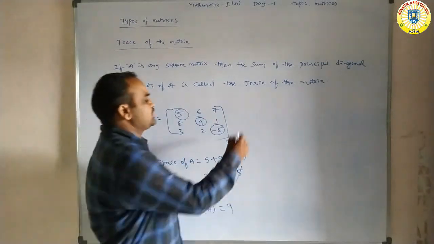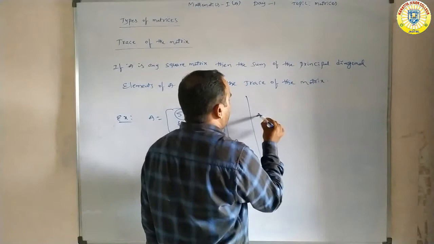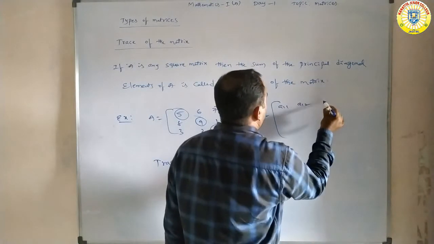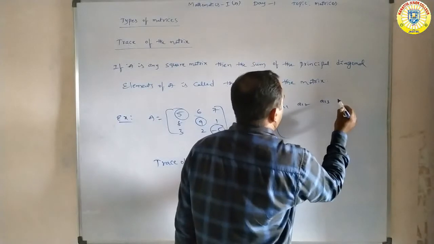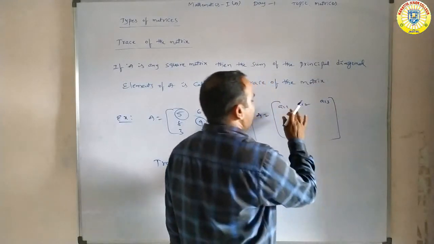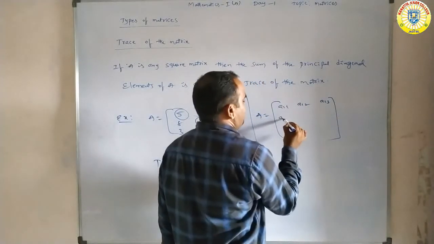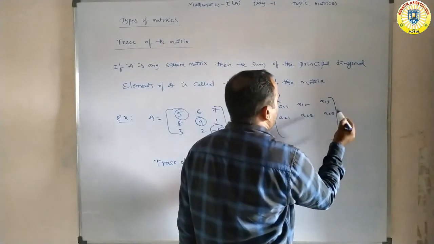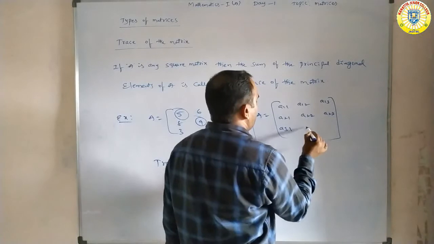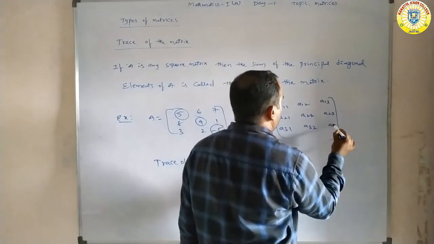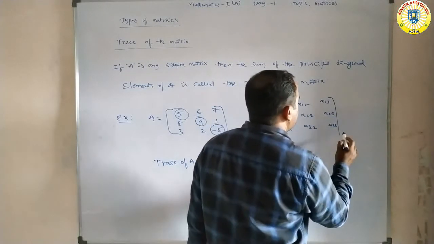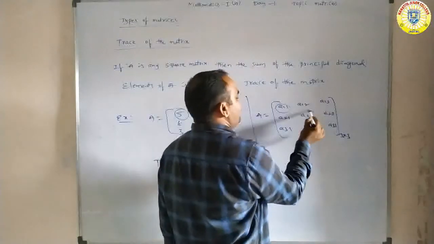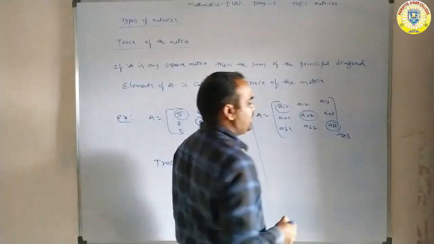Otherwise, suppose we are taking capital A as a square matrix like this: a11, a12, a13; a21, a22, a23; a31, a32, a33. Here the principal diagonal elements are a11, a22, a33.